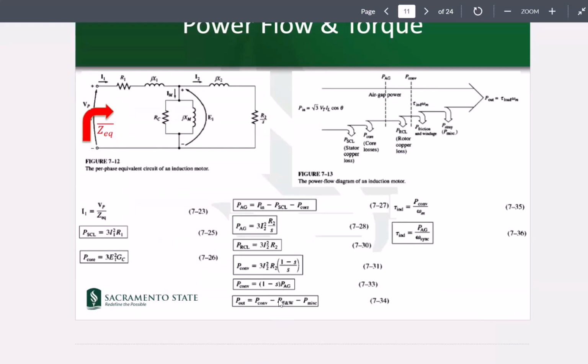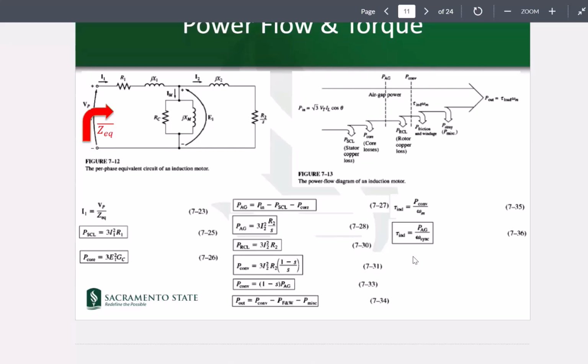So these, depending on what you have, might come handy. The output power would be the converted power minus friction and windage minus miscellaneous powers that are extracted here. And we have tau induced, and tau induced equals P converted over omega M, or P AG over omega S. So this is very useful sometimes.